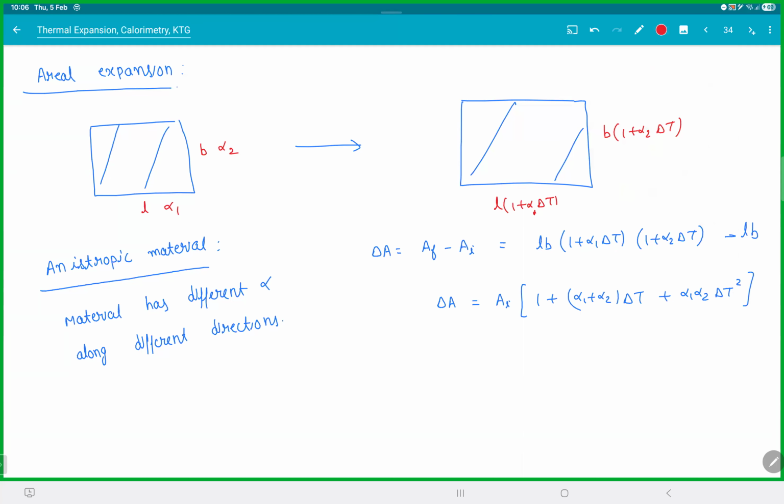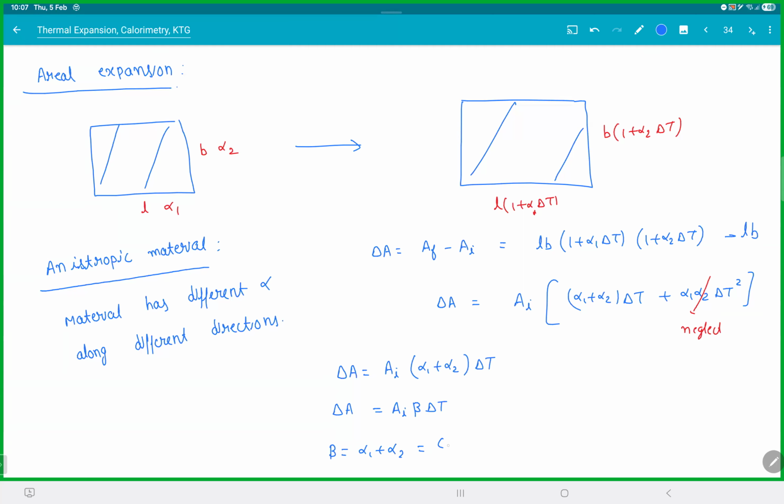We know alpha is very small. We neglect the higher terms. So we get delta A is equal to, this 1 does not come, A initial times alpha 1 plus alpha 2 times delta T. We write this as A initial into beta delta T. So beta is alpha 1 plus alpha 2.